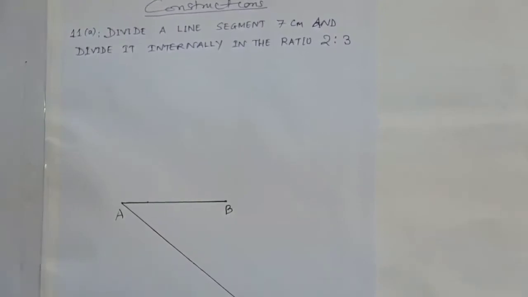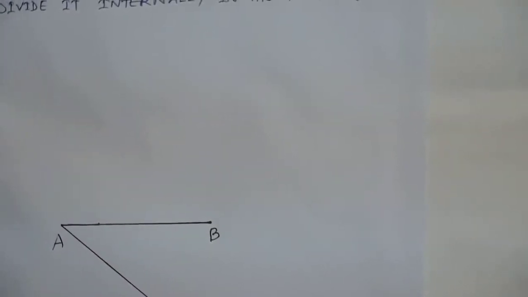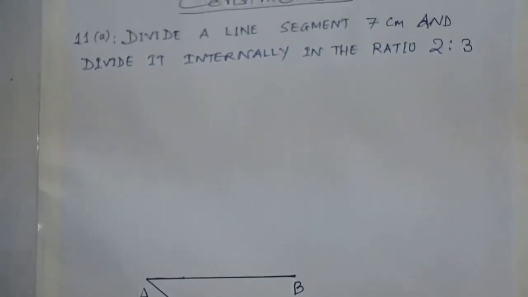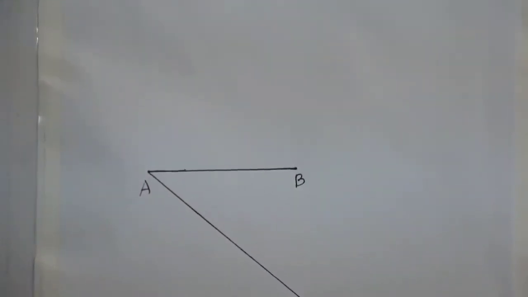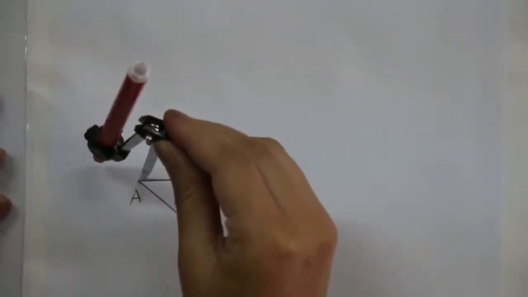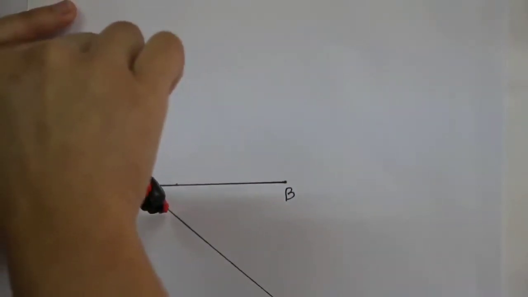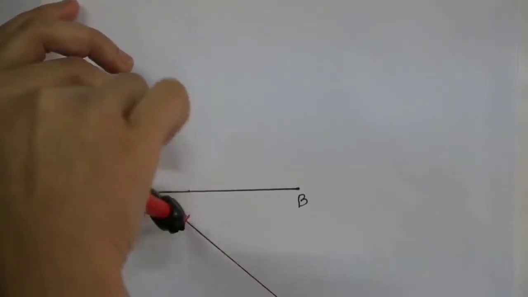Next step, with your compass, you take a small arc. You fix this arc, and then from point A, you cut at this ray AX.